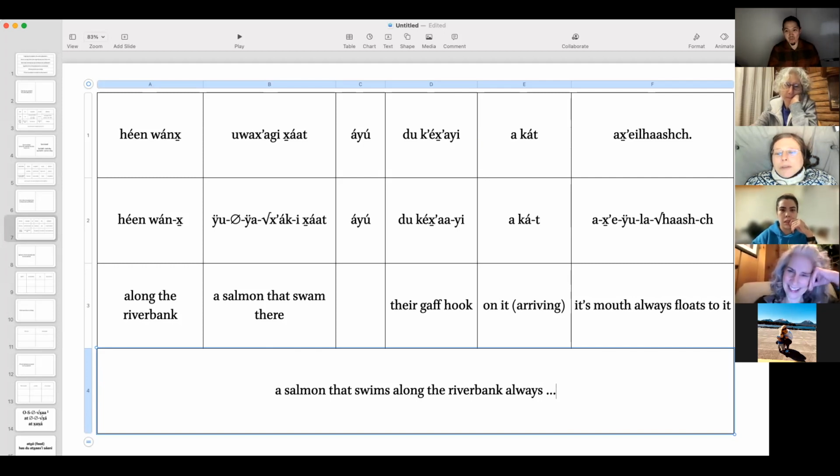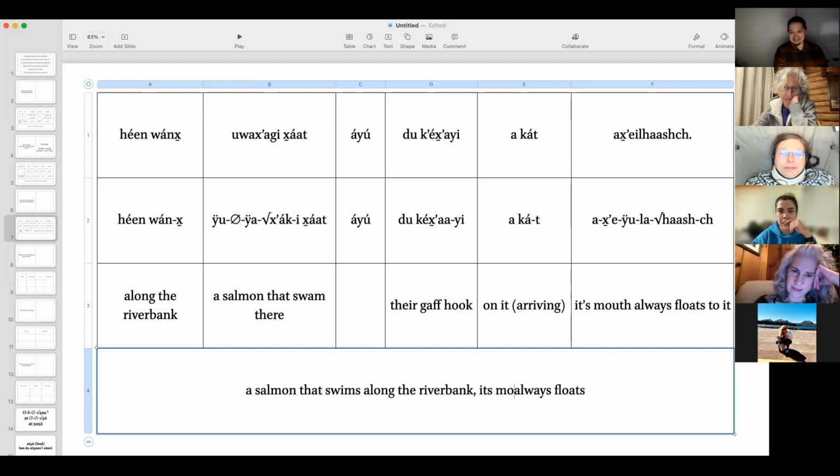Its mouth always floats to the gaff hook and arrives there. It always gets hooked. Or maybe onto the gaff hook. Oh yeah.